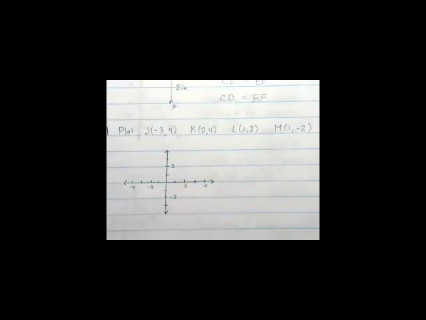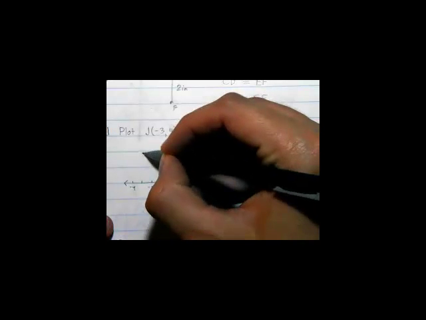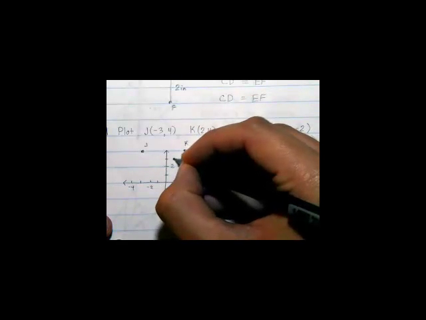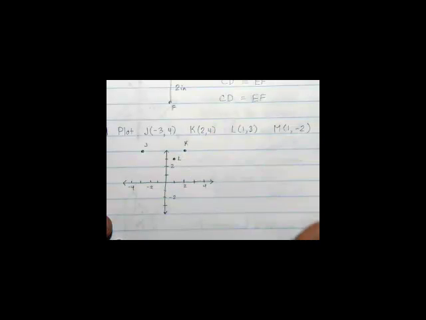Okay, so let's quickly plot these points then. J is negative 3 in the x and then up to 4. So there's J. K is at 2, 4. L is at 1, 3. And M is 1, negative 2.